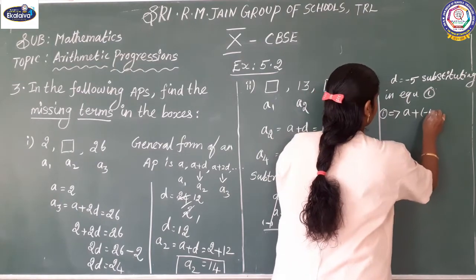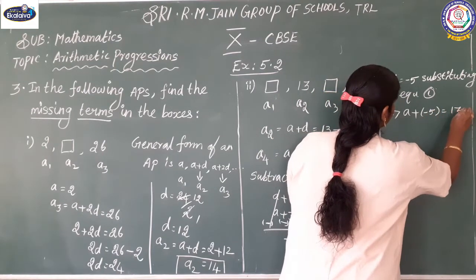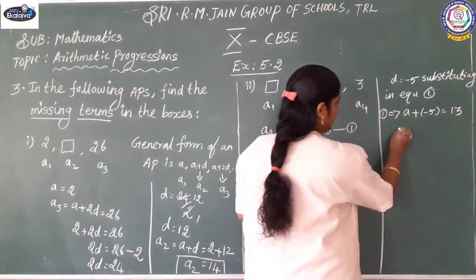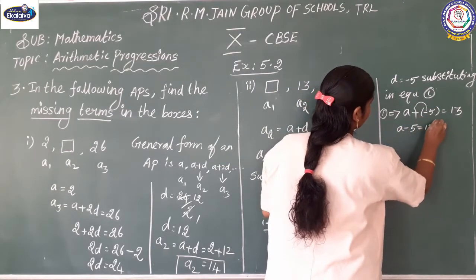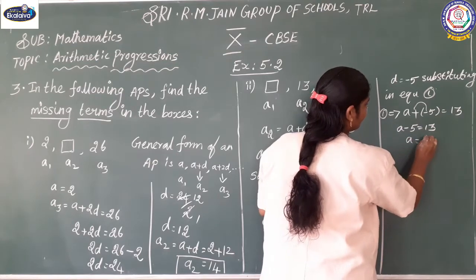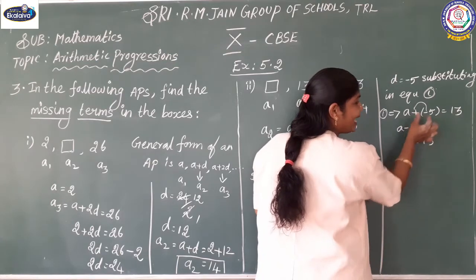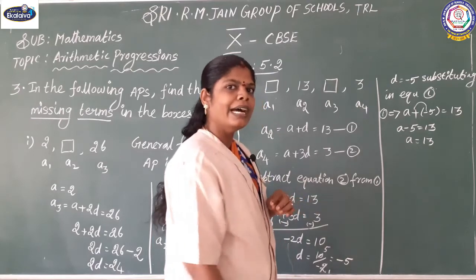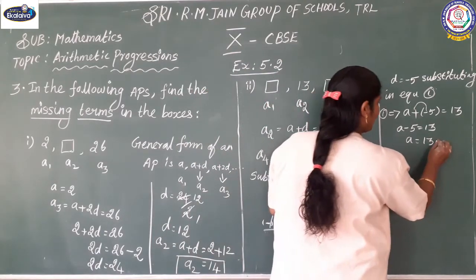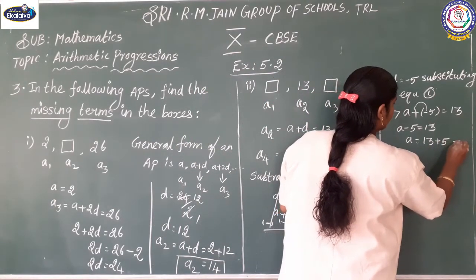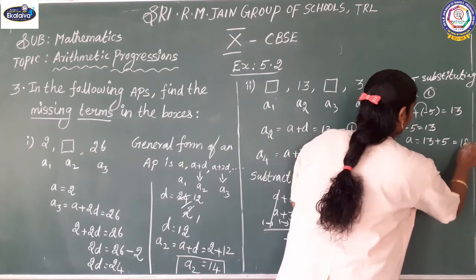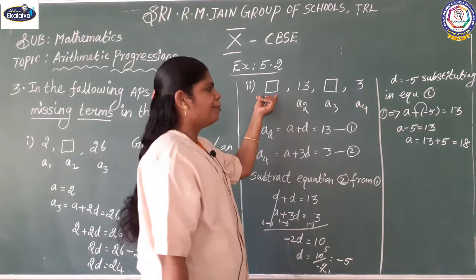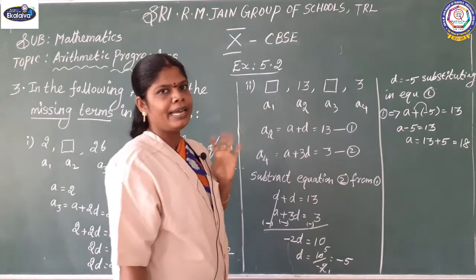So A plus into minus, minus 5 equal to 13. So A equal to 13. The subtraction will change to addition on the other side. Okay, so plus 5. So 13 plus 5, what will you get, children? 18. So the first term we found. Okay, A1 equal to 18.